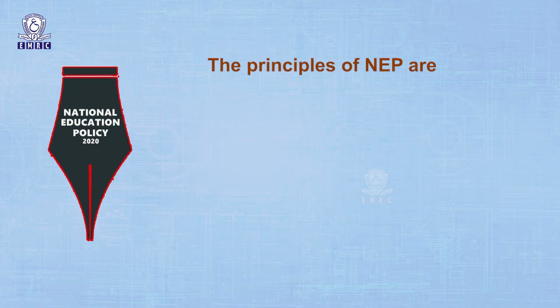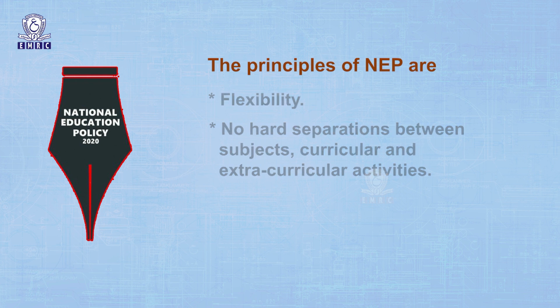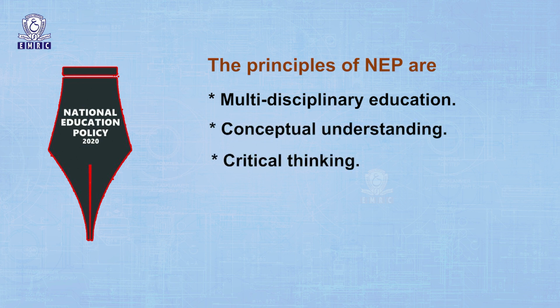The principles of NEP are flexibility, no hard separations between subjects, curricular and extracurricular activities, multidisciplinary education, conceptual understanding, critical thinking, ethical values, teachers as the heart of the learning process, and strong public education system.